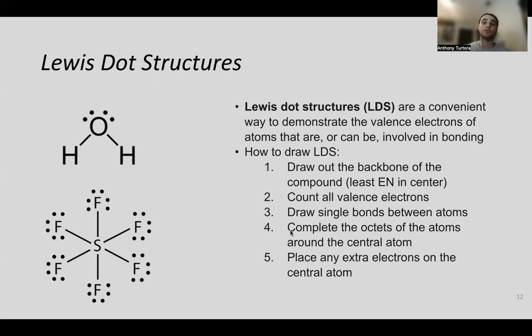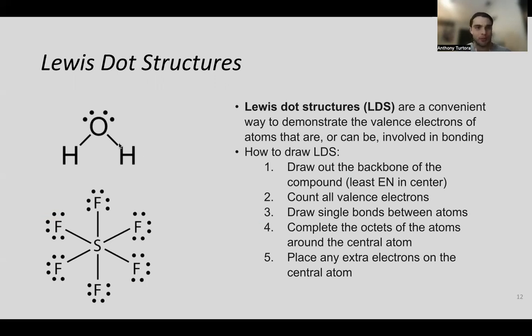We have rules in order to draw our Lewis dot structures. First off, we're going to want to draw out the backbone of the compound with the least electronegative atom in the center. And we are always going to have our hydrogens and halogens on the ends of the compound.